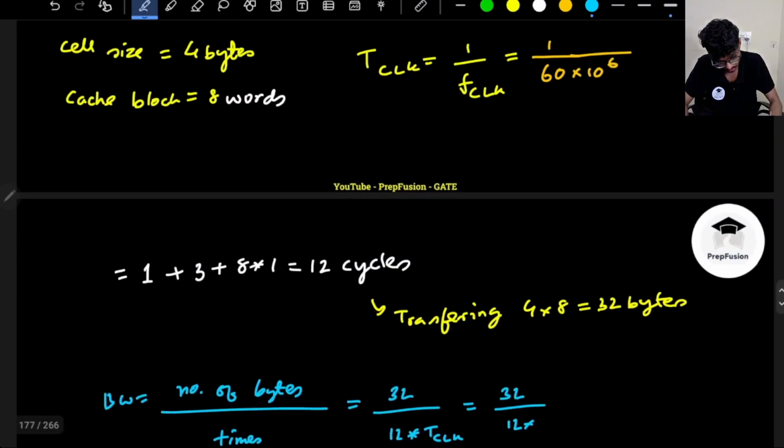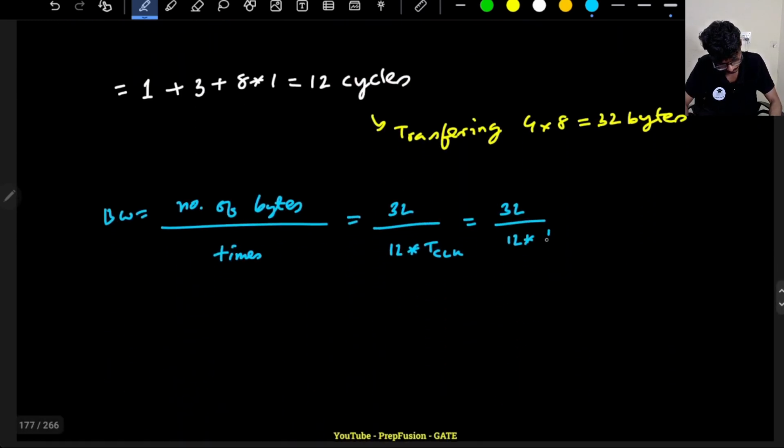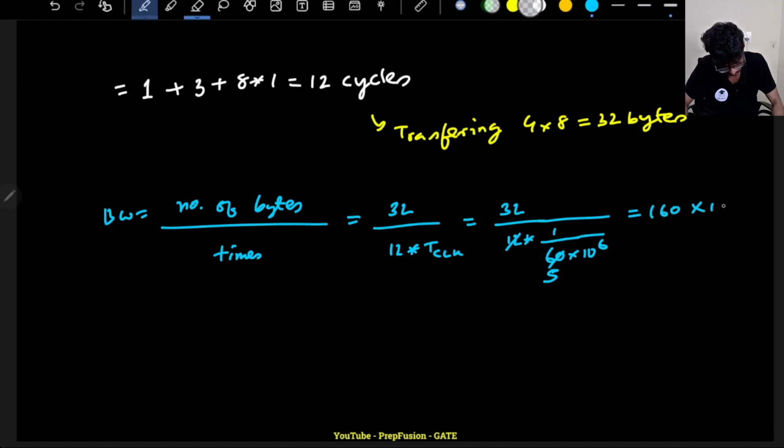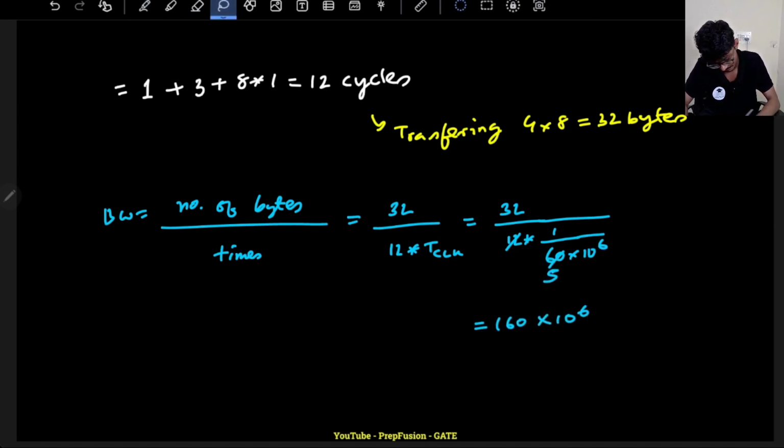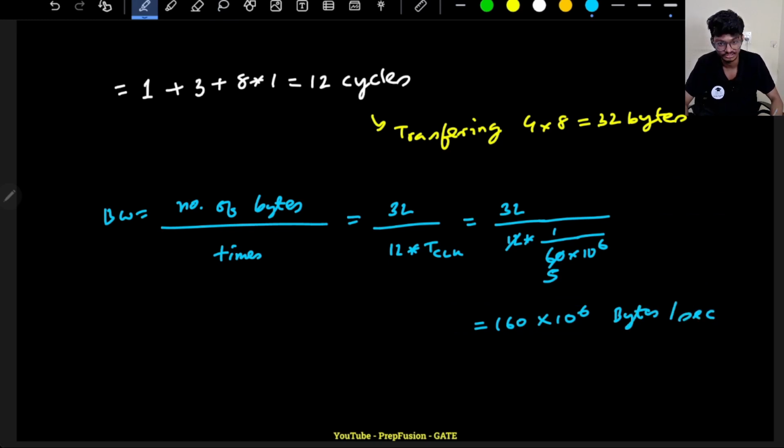T clock is 1 by 60 into 10 raised to power 6. So this will be 32 into 5, which is 160 into 10 raised to power 6 bytes per second. So the answer will be 160.